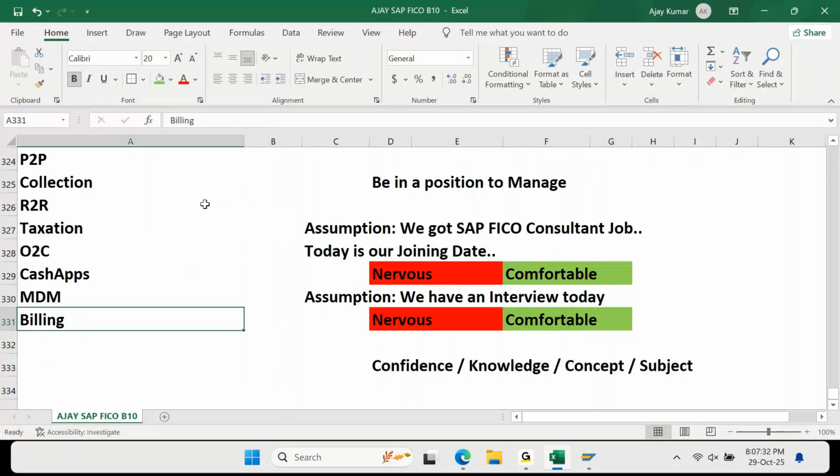Now, do you want to be in a nervous situation or a comfortable situation, whether for the interview or for the joining? What do you want? Comfortable. Right? All of us for sure want to be in a comfortable situation.